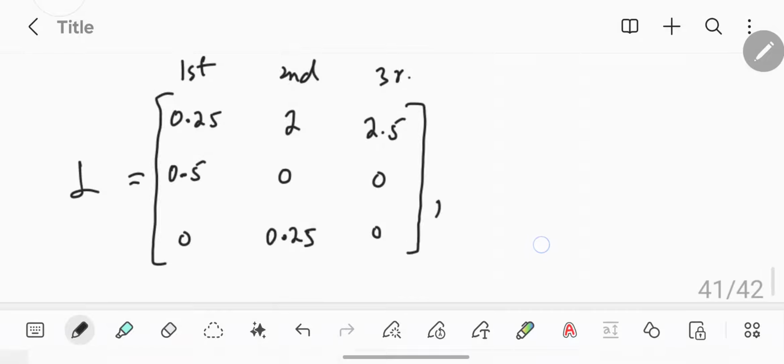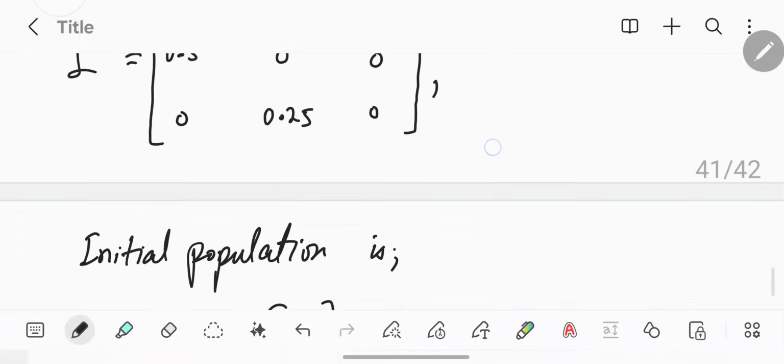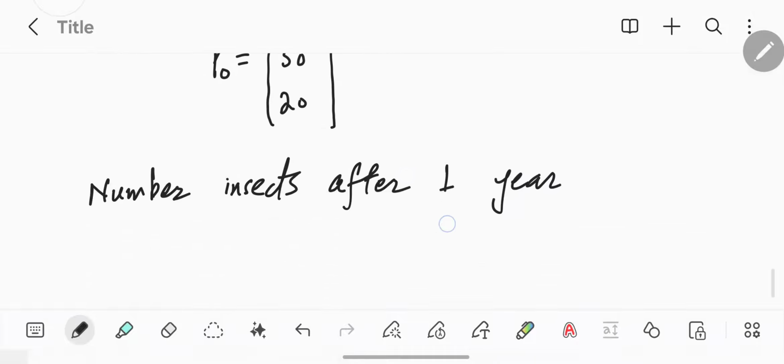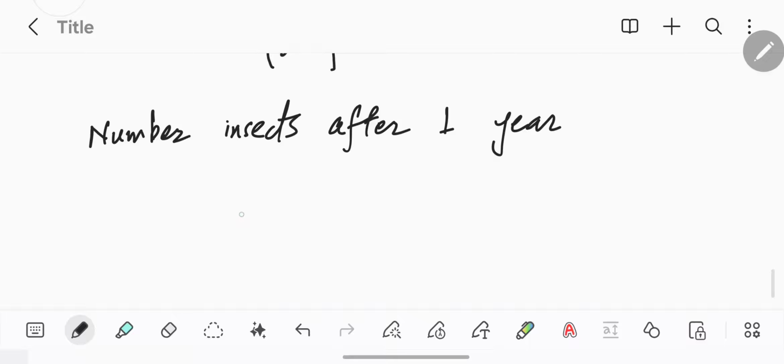Based on this Leslie matrix and the initial population, you can find the population after any number of years. For example, after 1 year, the population P1 will be L times P0. What does that mean?